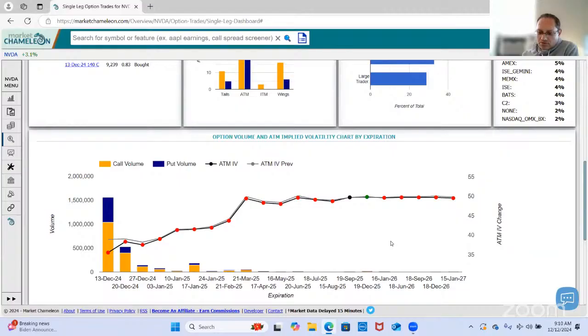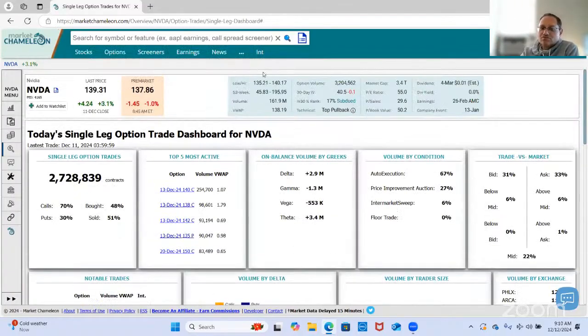Besides volume, a natural question would be, how is the trading volume impacting the option values? Is it pushing option values higher or lower? Just like if you were looking at trading volume in a stock, we could see in Nvidia the total volume, but how's it impacting the stock price?